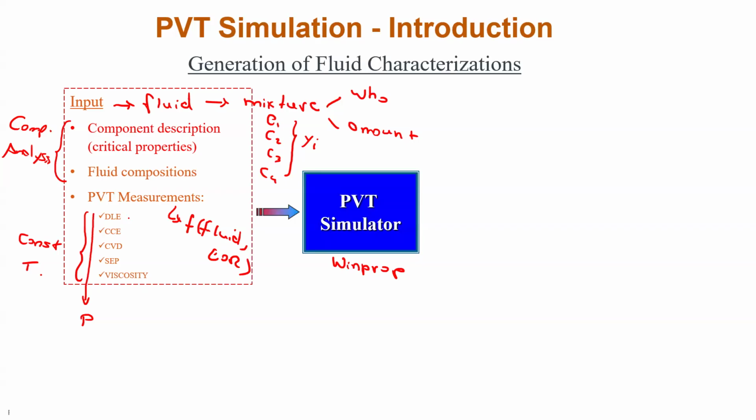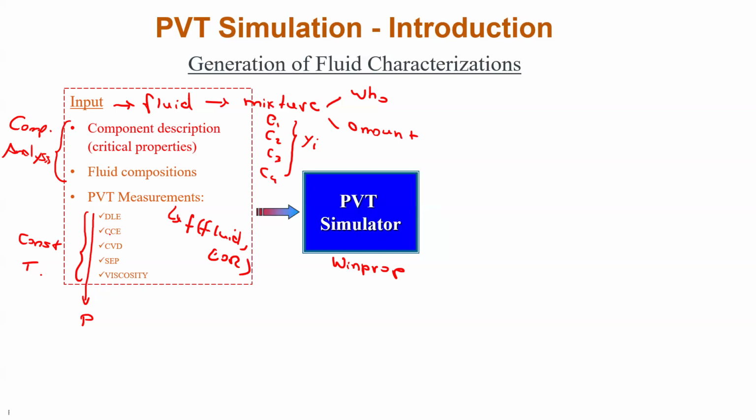So depending on how you treat the gas in the mixture, the experiment changes name. In the differential liberation expansion, the gas is removed, and the experiment continues only with oil. Okay, so a change in composition is happening.